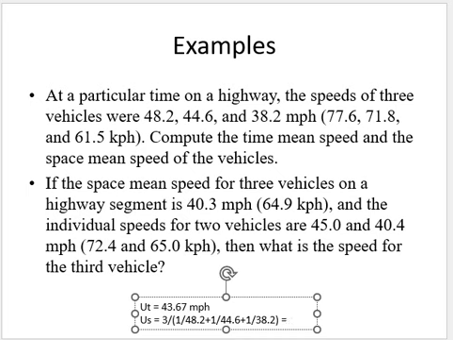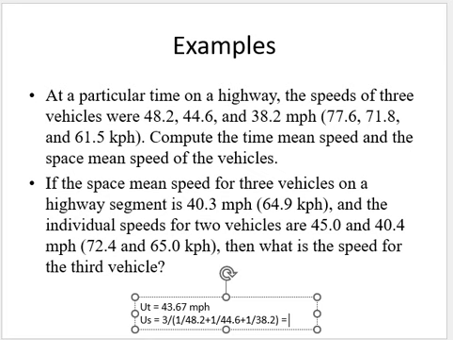Okay, so it will be 3 upon 1 by 48.2, 1 by 44.6, 1 by the third speed. Okay, how much is this? 43.2. Okay.